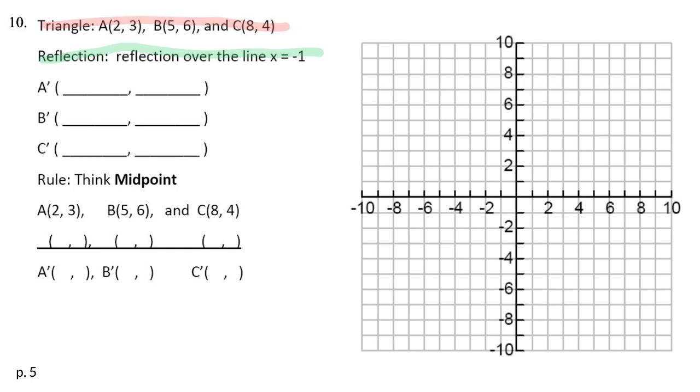So let's first plot our points for our pre-image triangle. So our pre-image triangle is going to be A is at 2, 3, just right here. B is at 5, 6. So 5, 6 is right here. And then C is at 8, 4. Just going to connect those points. And I just drew my pre-image triangle.